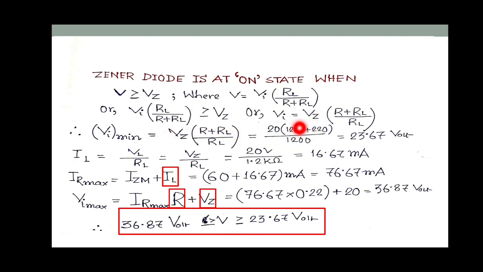From this we can find that Vi minimum equals Vz into R plus RL by RL, equals 23.67 volt, and similarly IL will be 16.67 milliampere.